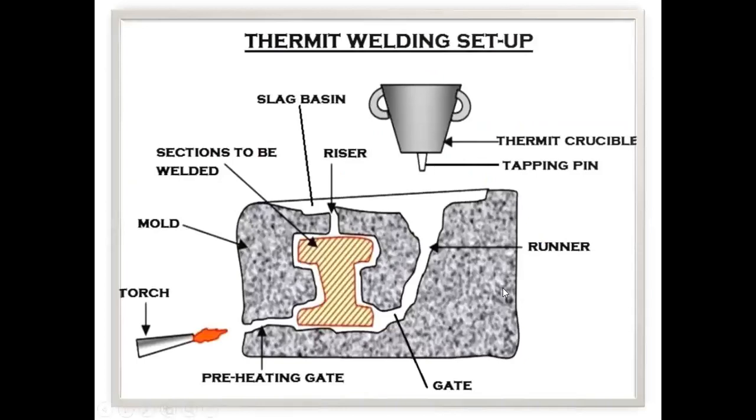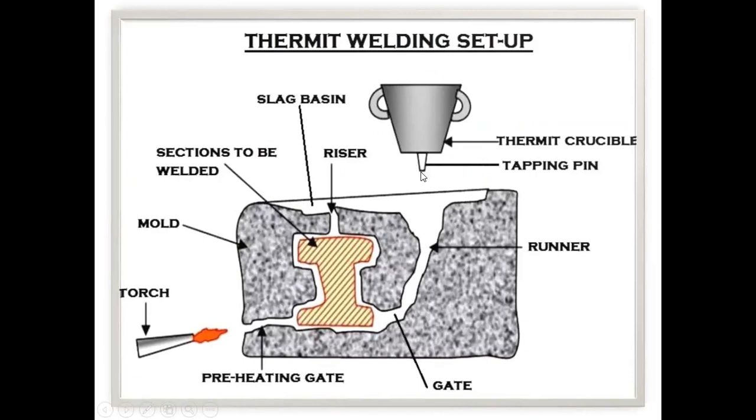We see here, this is what we are talking about: riser and gate, all of these things. What is happening is that the mixture of aluminum and iron oxide is burnt here. When it burns, it creates the molten metal.